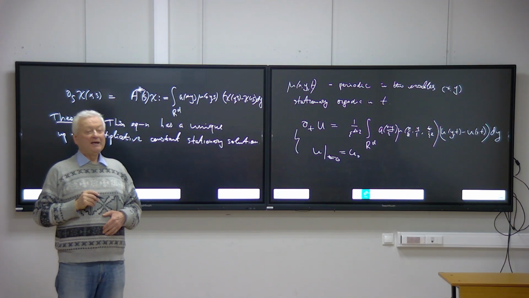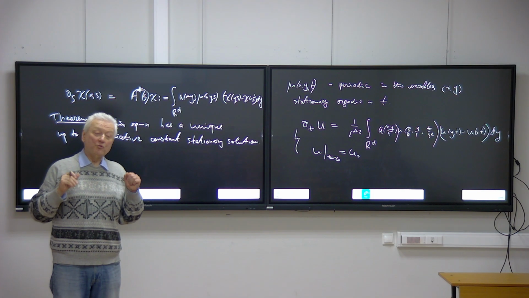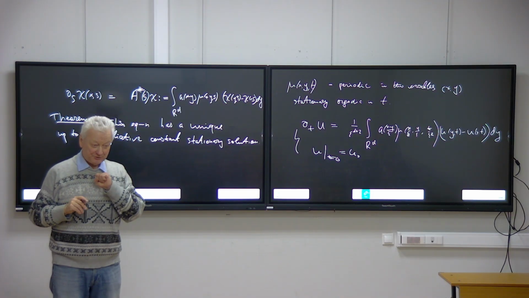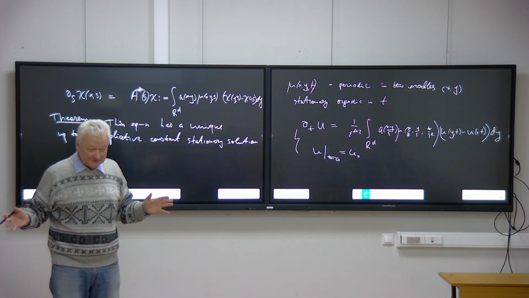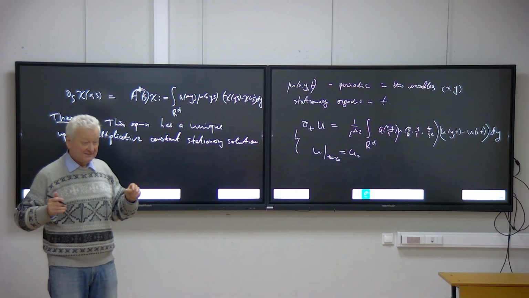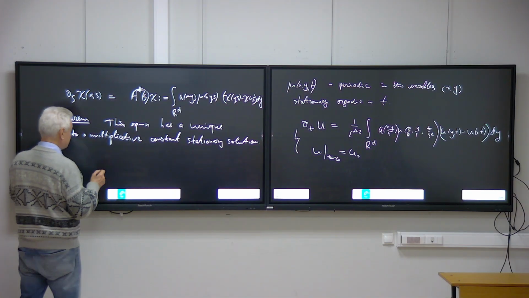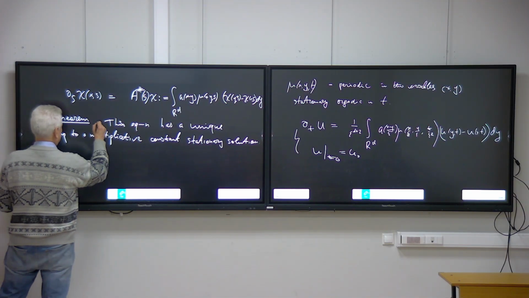That's one thing. And the second thing, a kind of weak form of the Fredholm theorem. The operator is not Fredholm at all. Nevertheless, there is a very important property. That was the first part.